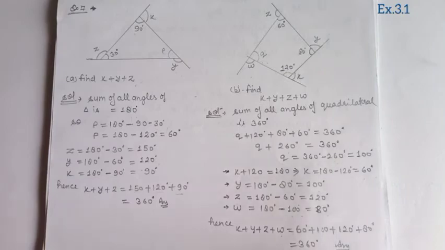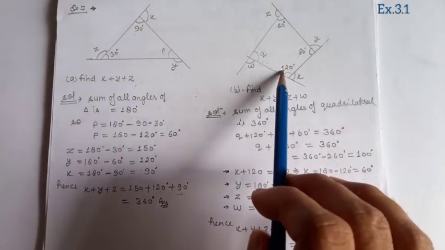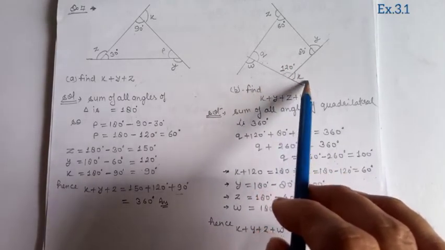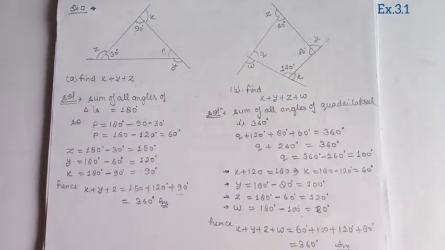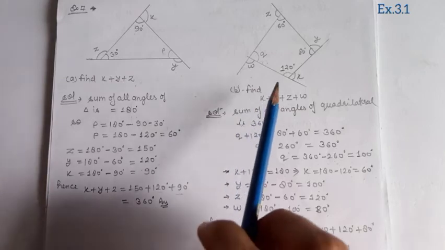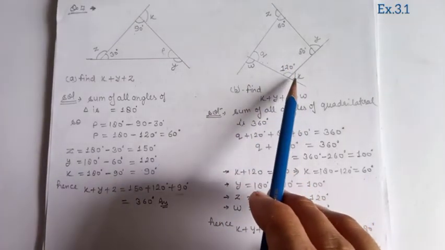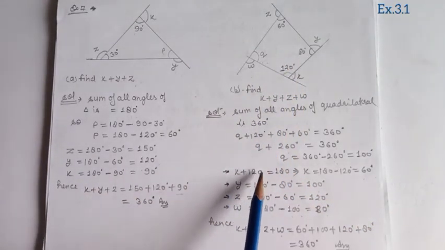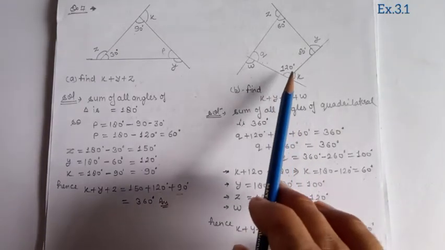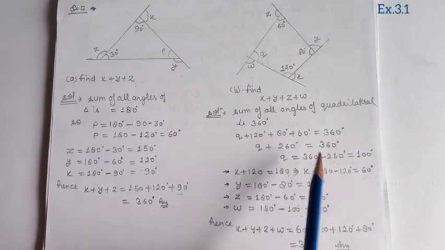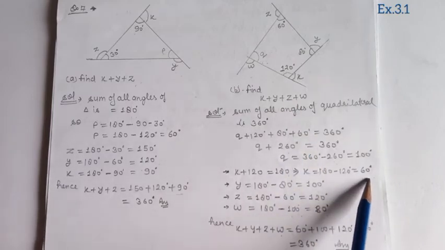Now by using linear pairs, every corner point here and here are linear pair angles. So x plus 120 is equal to 180, because the sum of a linear pair is 180. So x equal to 180 minus 120, we obtain x as 60 degrees.